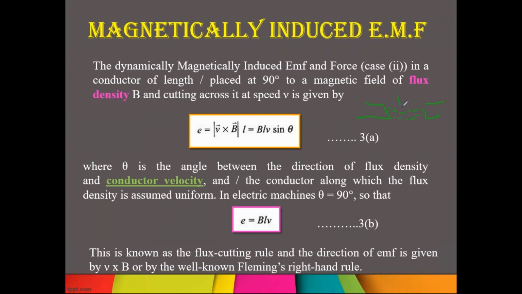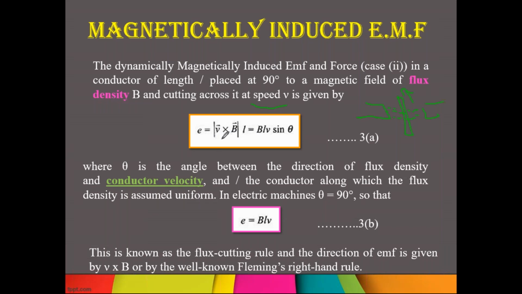Now when we place the conductor perpendicular to the field, the conductor cuts the field and moves in this direction. When placed at 90 degrees, the conductor cuts the flux. Due to the cutting of flux, it experiences some force. The speed is denoted by V, so E is equal to V into B into L.